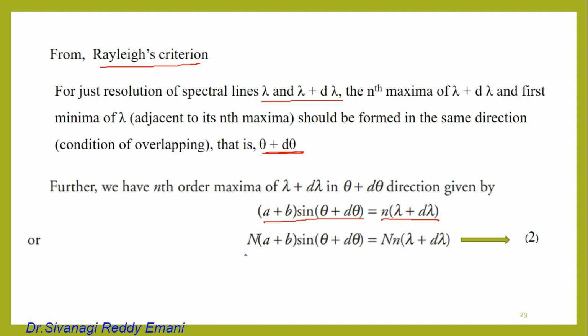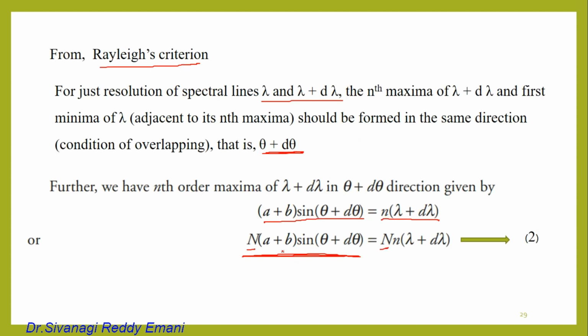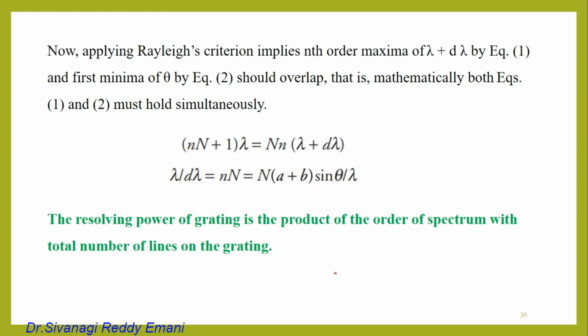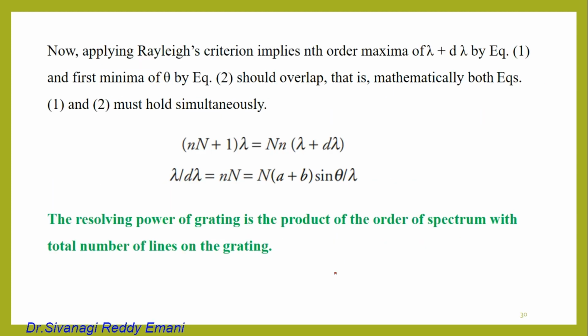If we multiply with capital N on both sides, capital N being the number of slits, then in the two equations, the first equation and the second equation, the left hand side will be the same. In the first equation it is N into (a plus b) sine theta plus d theta, and here also it is N into (a plus b) sine theta plus d theta. Whenever the left hand sides are equal for both equations, we equate the right hand sides.